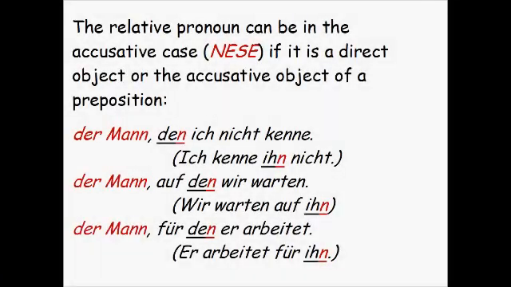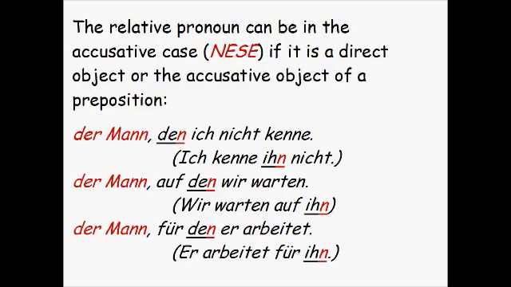The relative pronoun can be in the accusative case, if it is a direct object or the accusative object of a preposition. Der Mann, den ich nicht kenne. In other words, ich kenne ihn nicht. Der Mann, auf den wir warten. Wir warten auf ihn. Der Mann, für den er arbeitet.